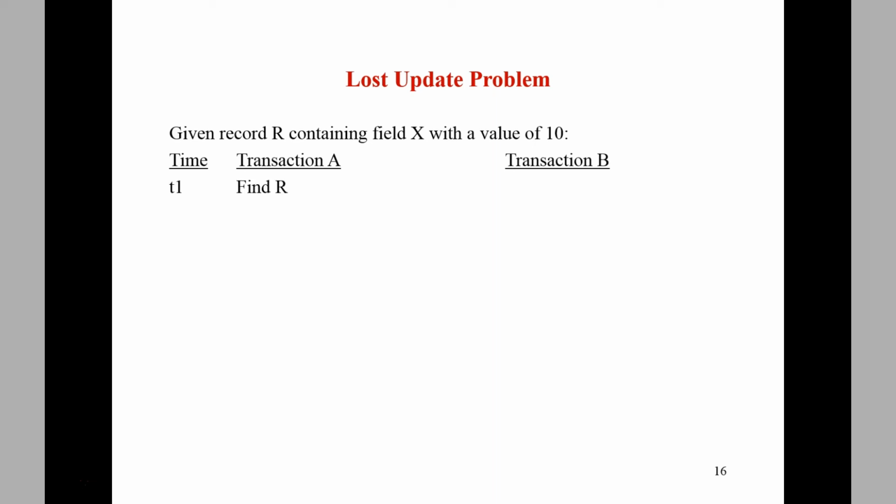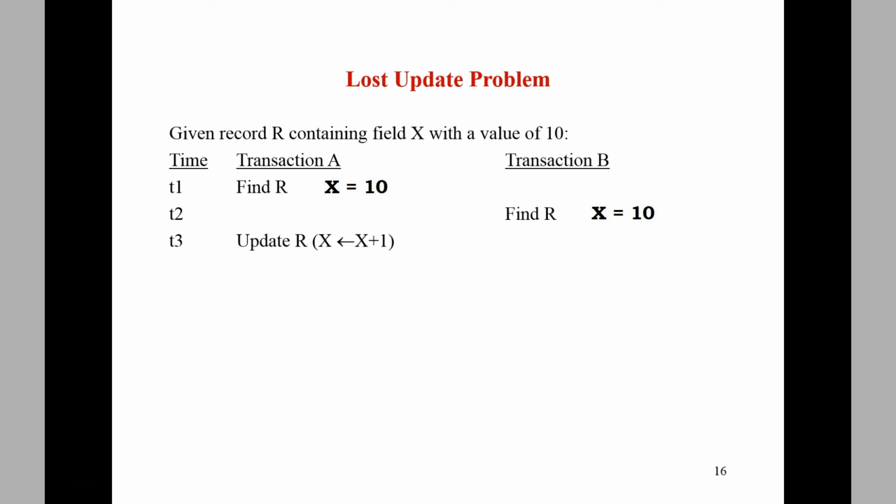So at time t1, transaction A says, I'm going to locate and fetch, I'm going to read record R. Then, due to interleaving, it is suspended and transaction B comes in. And transaction B likewise says, oh, I need to read record R. So they each have within their working storage an image of R that has a value of 10 in field X.